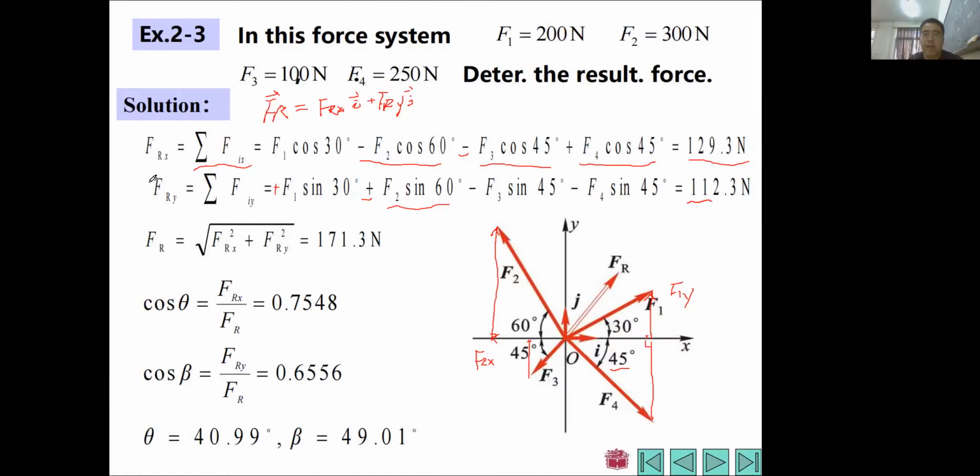When we finish these two steps, we can find FRx and FRy, right? It may be positive, it also may be negative. It totally depends on the magnitude and orientation of all the forces in this force system, right?